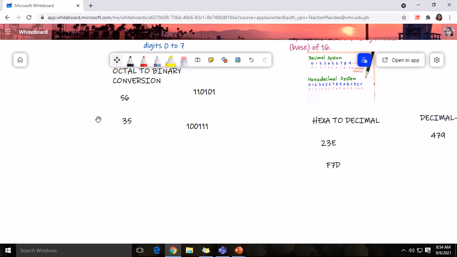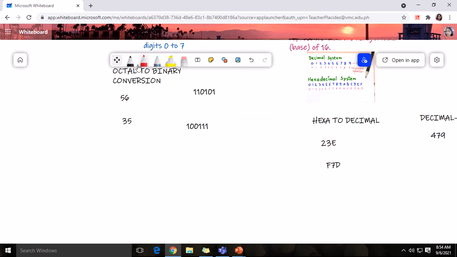We have to convert the following numbers: 56, 35, and the following binary numbers, 110101 and 1001111.